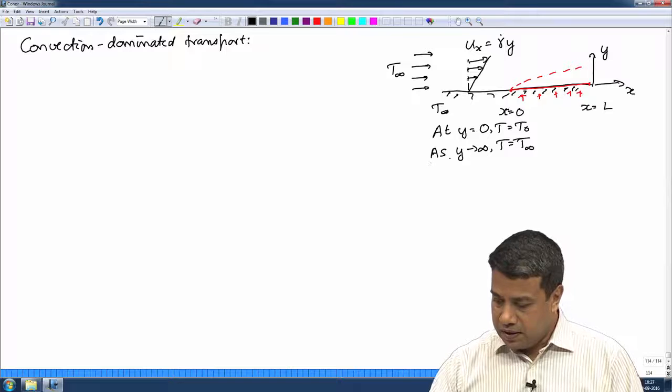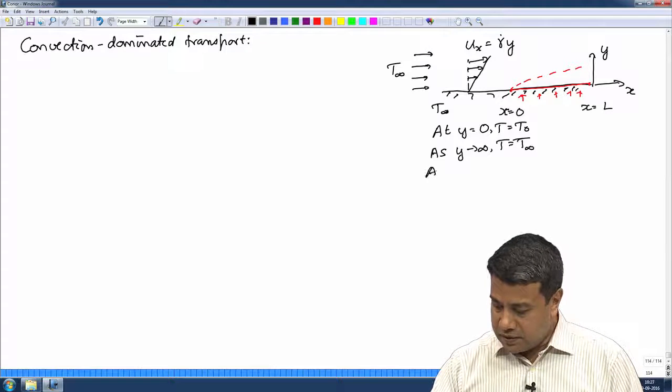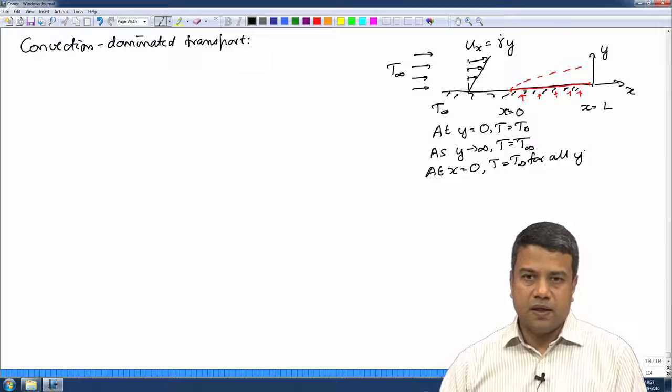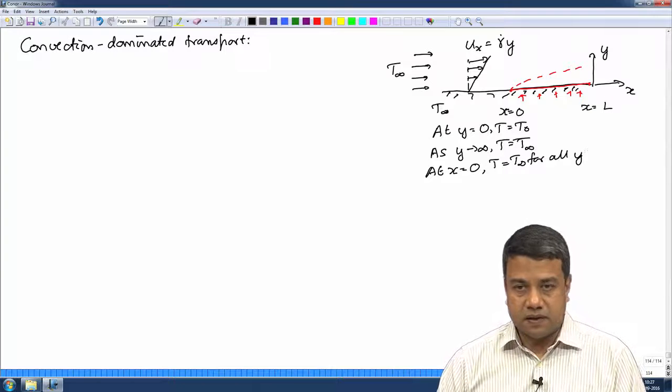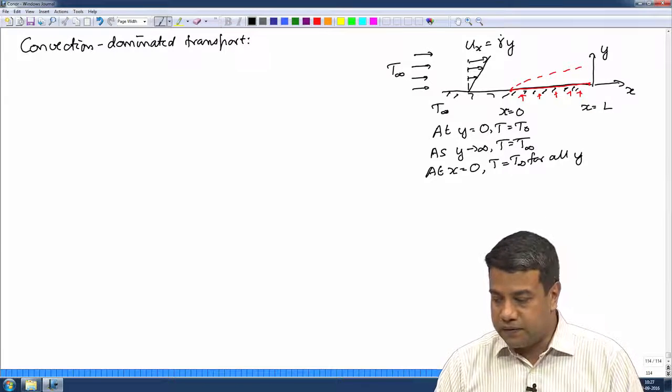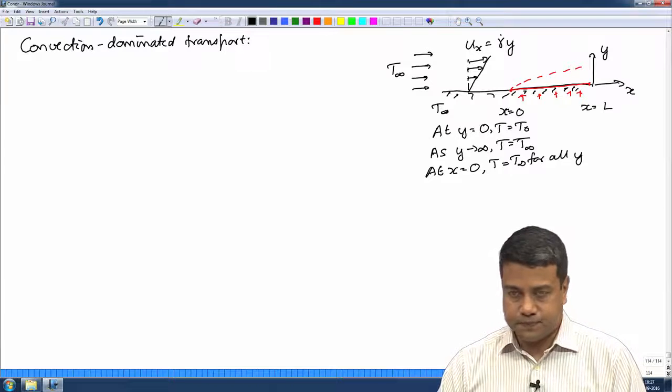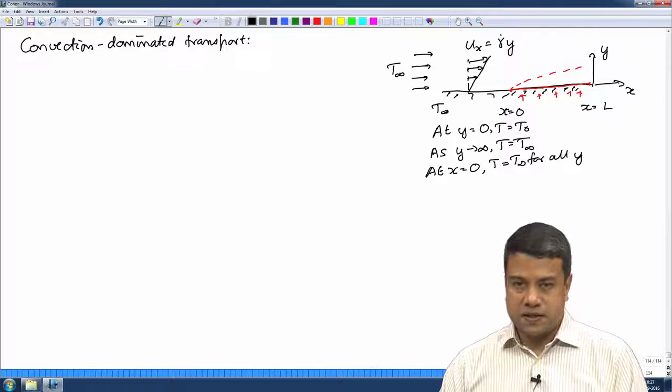And at the location x equal to 0, T has to be equal to T infinity for all y, because that is the start of the heating region. The fluid is being heated only for x greater than 0. We will consider steady state.